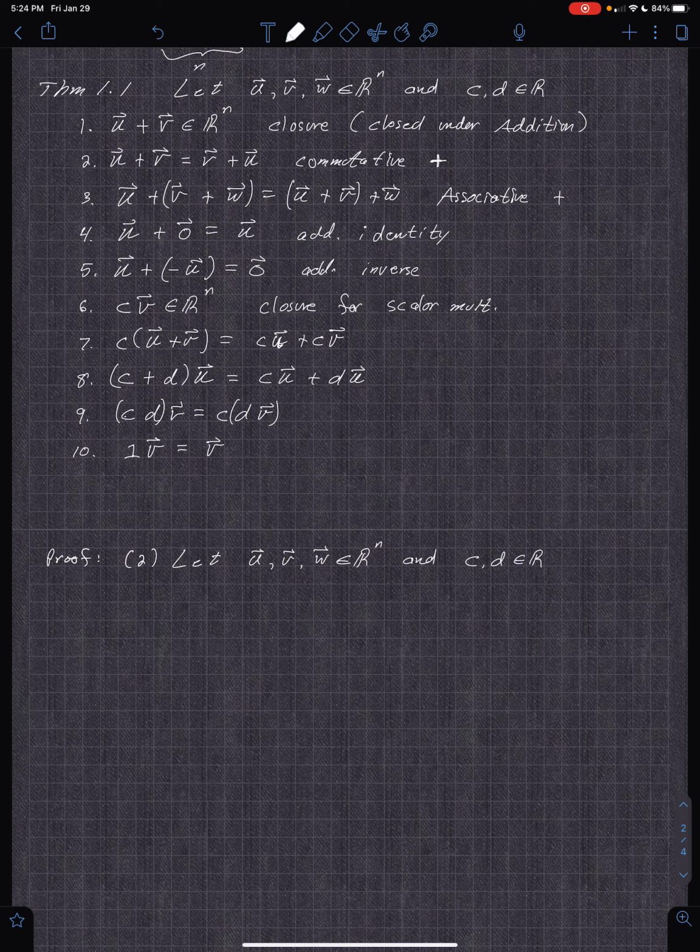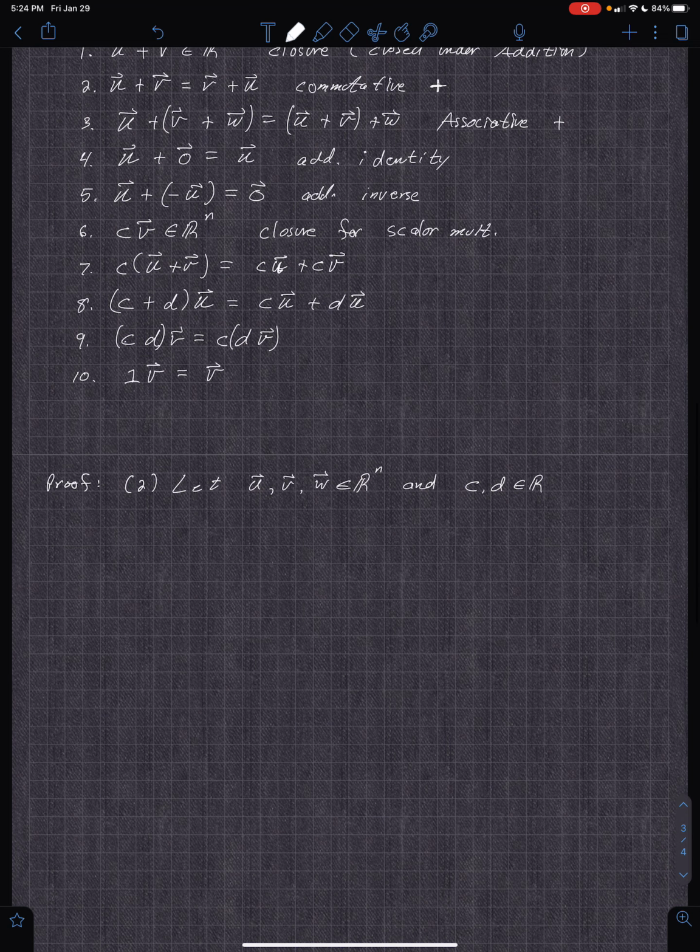Now we actually don't even need the W, but that's okay. So we have that U is equal to the vector (u1 to un), and those are all reals in the components.